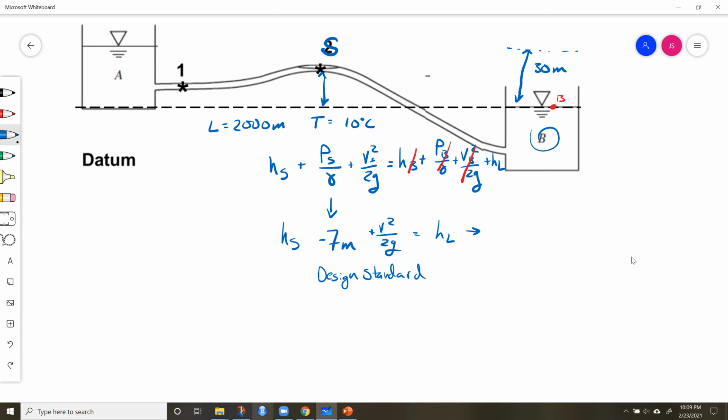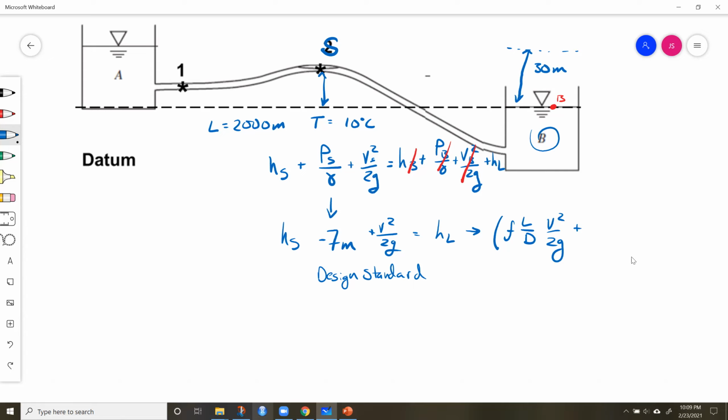And so for our head loss, we'll go to Darcy-Weisbach here, and we also need to account for minor losses. First we'll do the major losses: the friction factor times length over diameter, V squared over 2g.